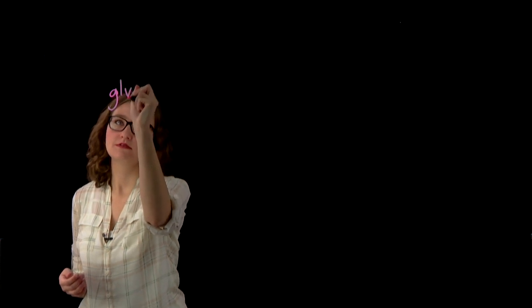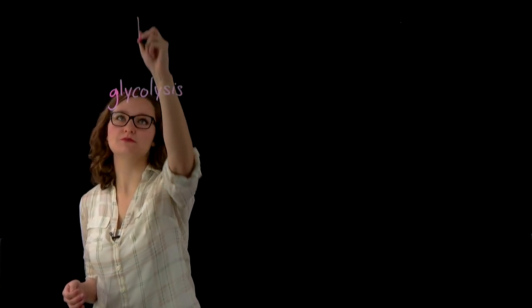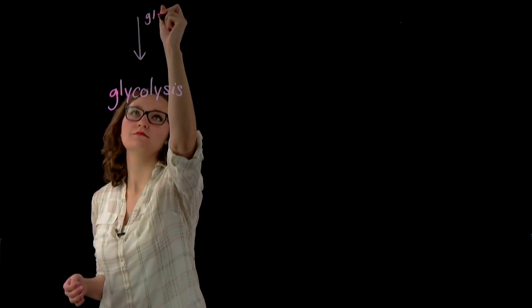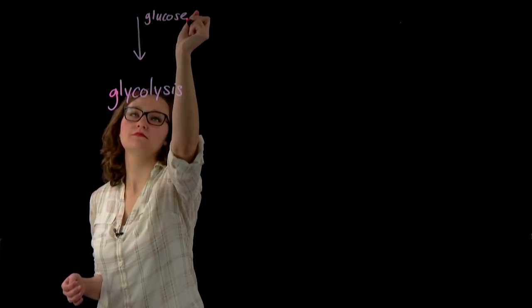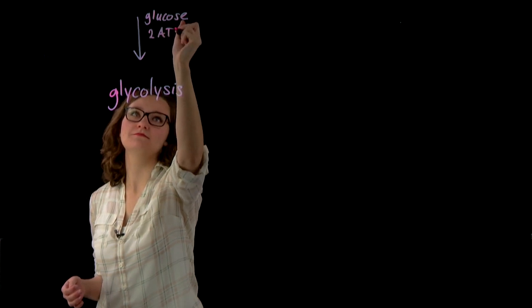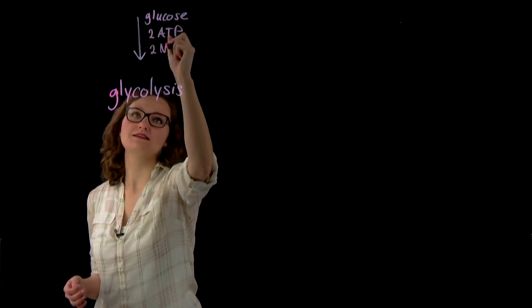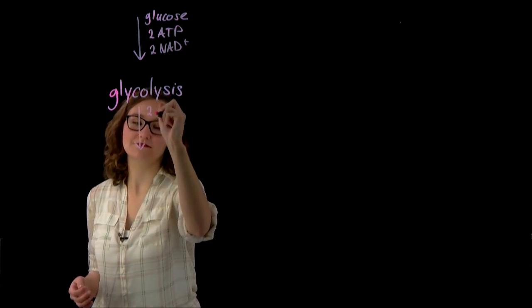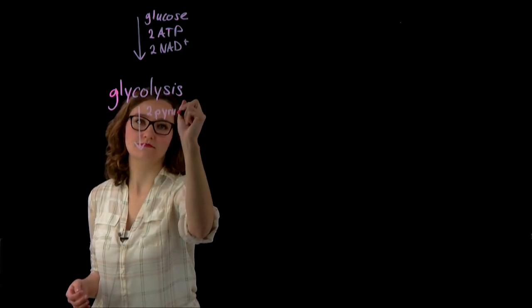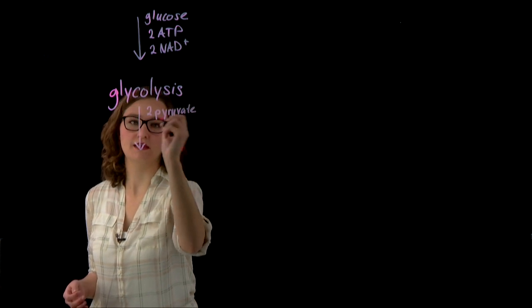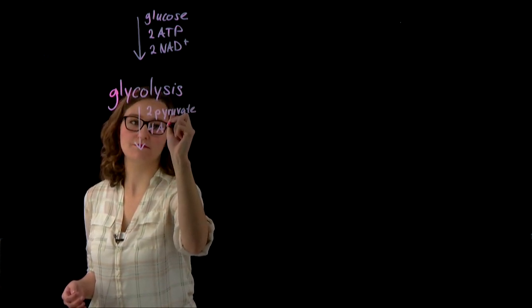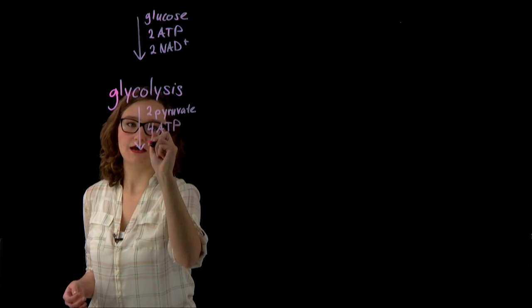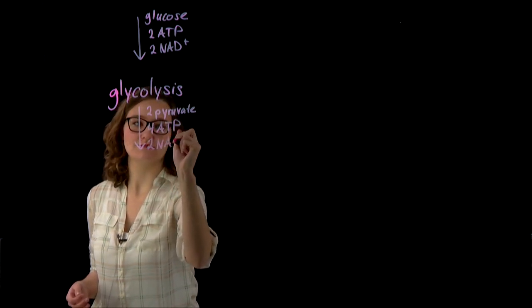So you start off with glycolysis again. It's the same glycolysis. So you're still putting in your glucose and your 2 ATP and your 2 NAD pluses, and you still get out 2 pyruvate and 4 ATP and 2 NADHs.